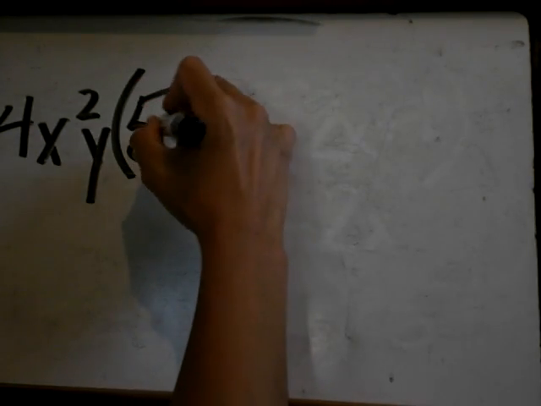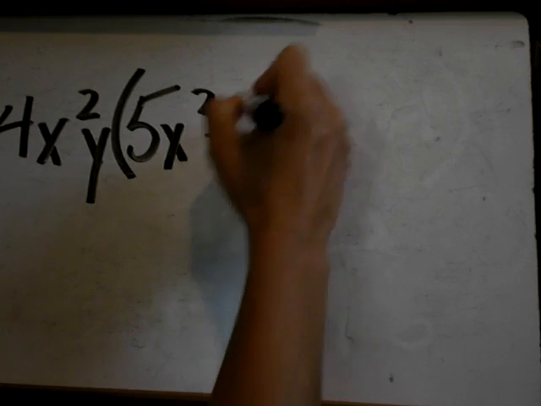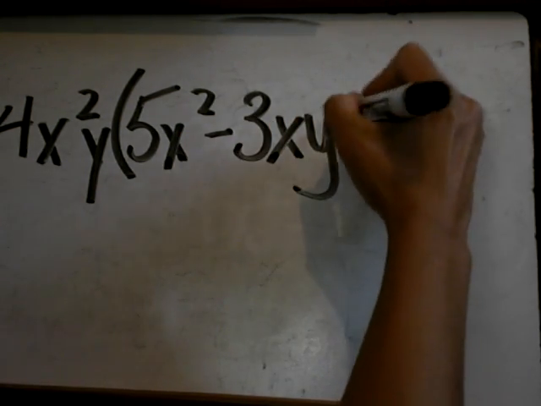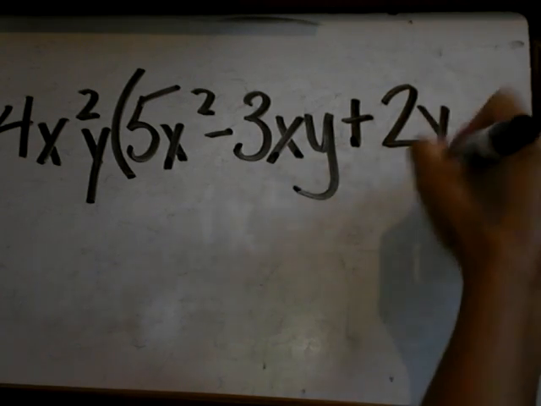This is going to be a long one. Let's multiply 4x to the second power times y, and we're going to multiply that with this trinomial, 5x to the second minus 3xy plus 2y to the second.